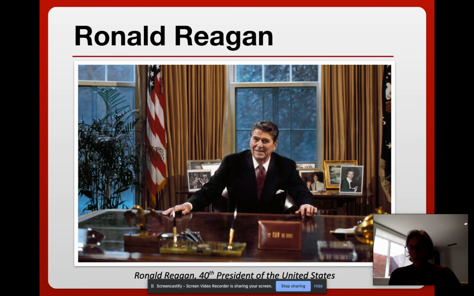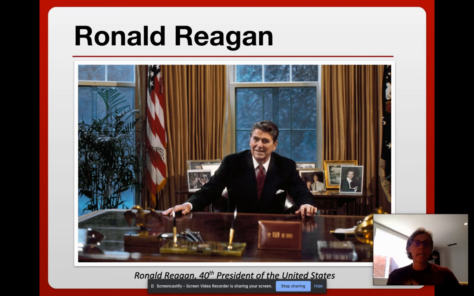So, Ronald Reagan ran on a platform of fixing the economy, and the economy was a major issue in the election of 1980 when Ronald Reagan challenged the incumbent Democrat Jimmy Carter.